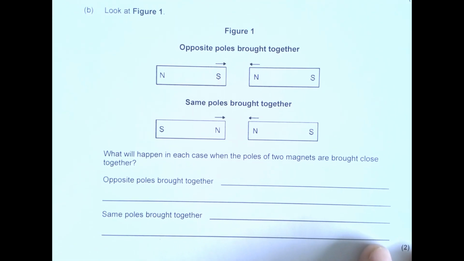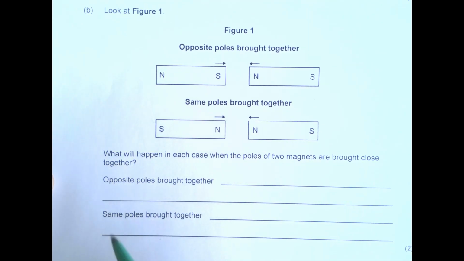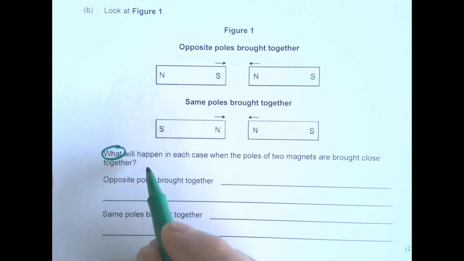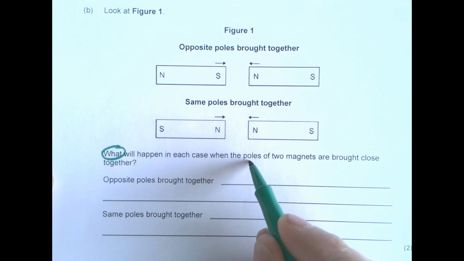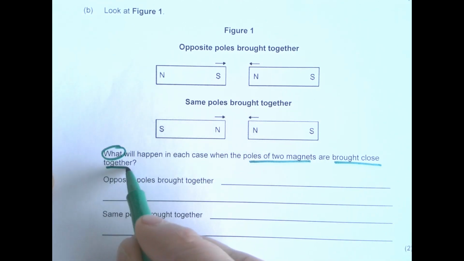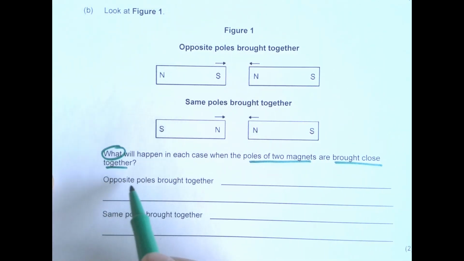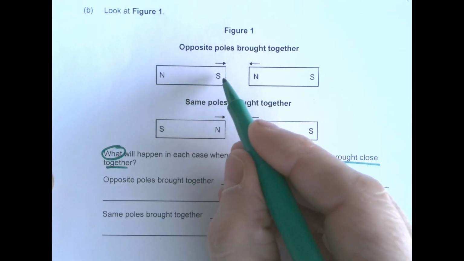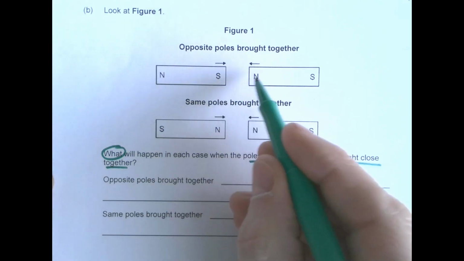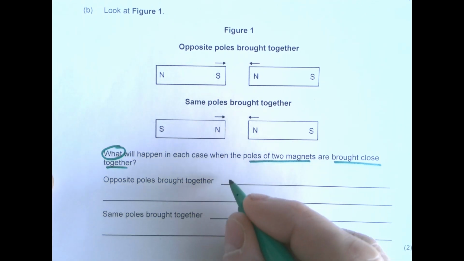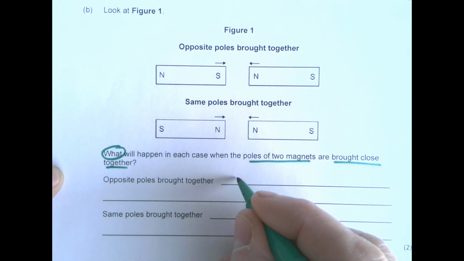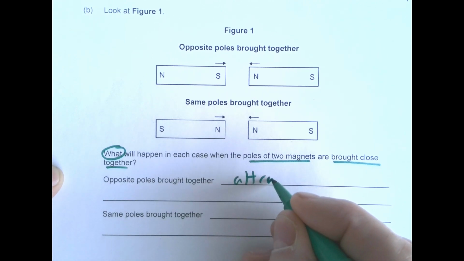Part B. Look at figure 1. What will happen in each case when the poles of the two magnets are brought close together? So the first one, opposite poles brought together, south and north. The key word here is opposite poles brought together, they attract each other.